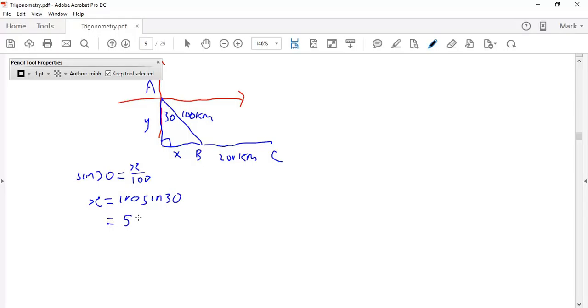So let's do Y. Y is adjacent over hypotenuse, so it's going to be cos 30.